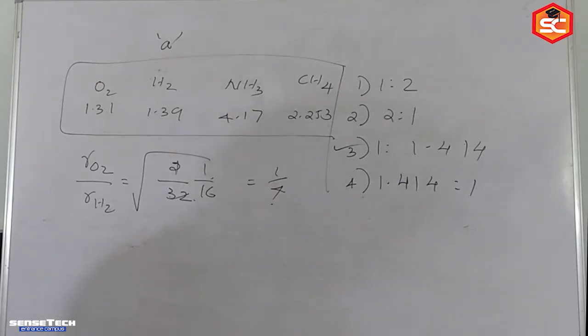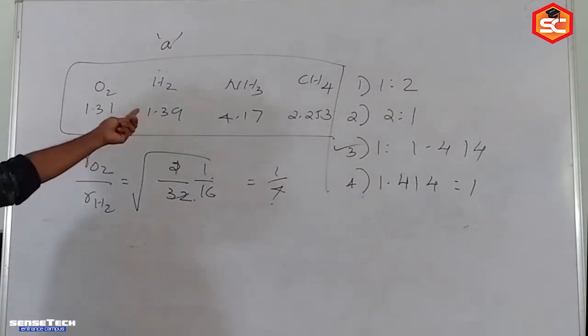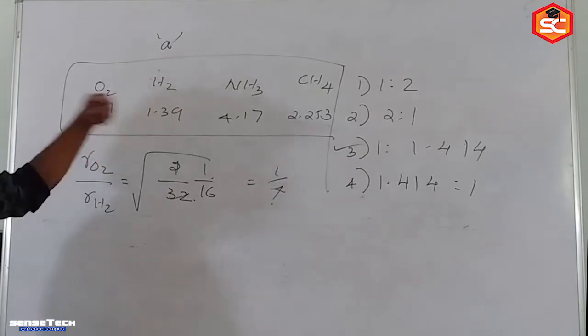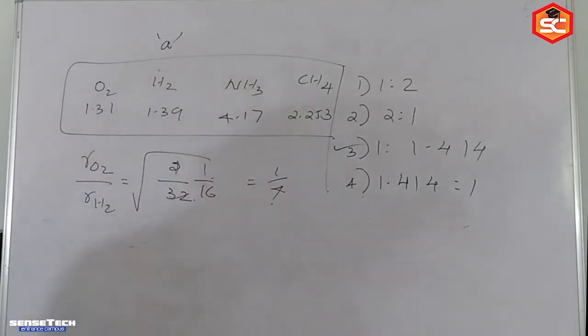Deviation of a real gas from ideal behavior is also based on critical temperature. Which one has the higher critical temperature? Ammonia. The van der Waals constant a value also, from the table column, we can identify this. The answer is ammonia.